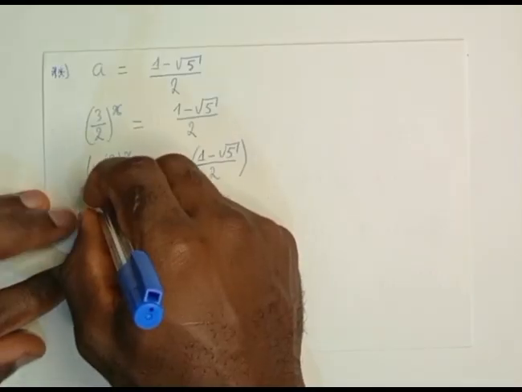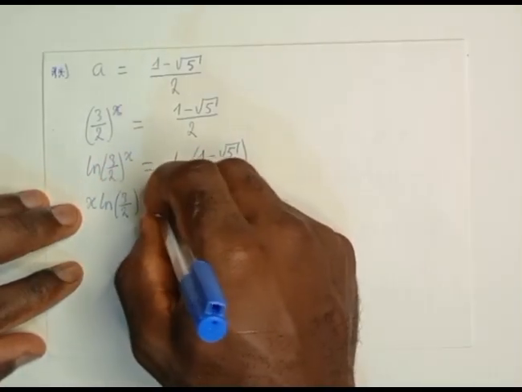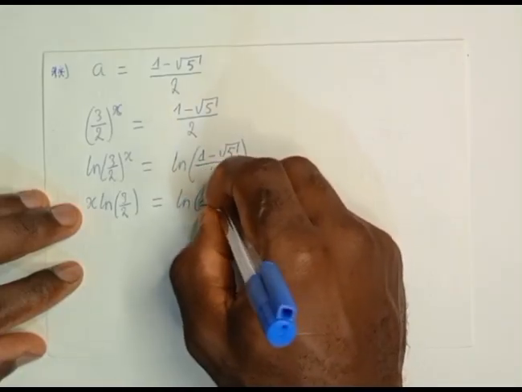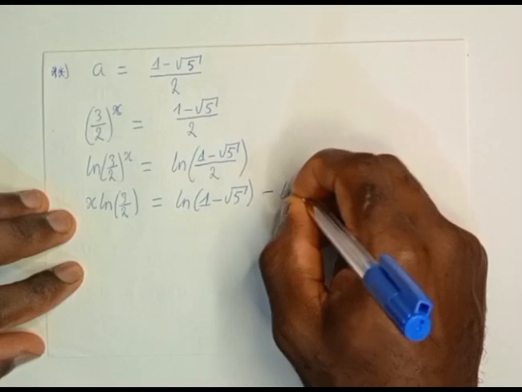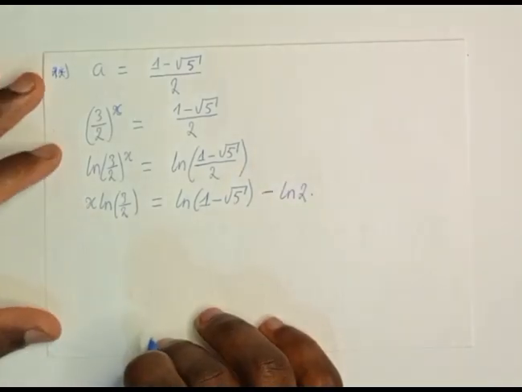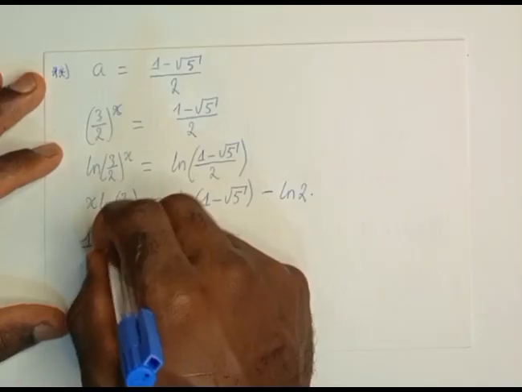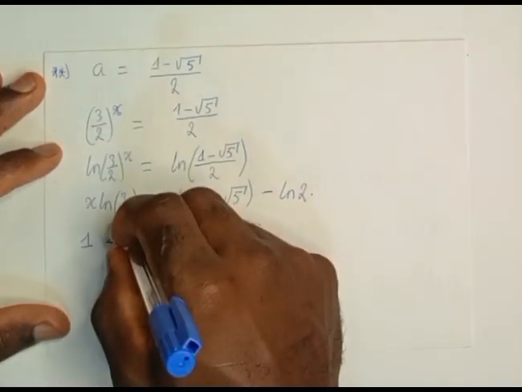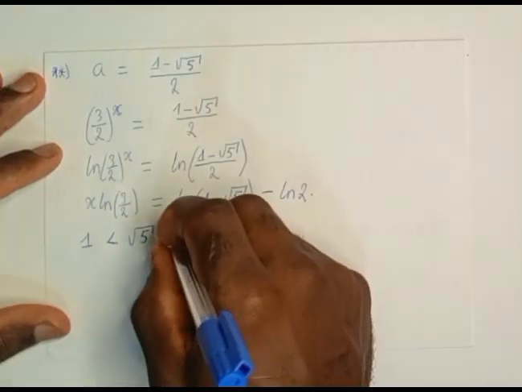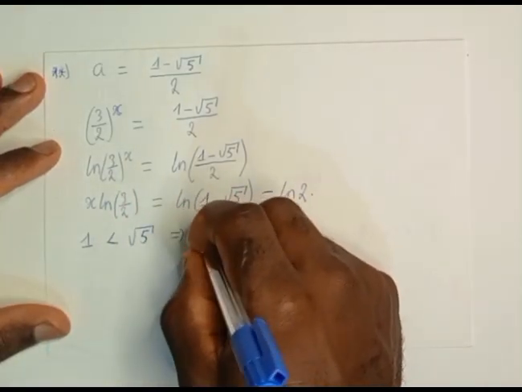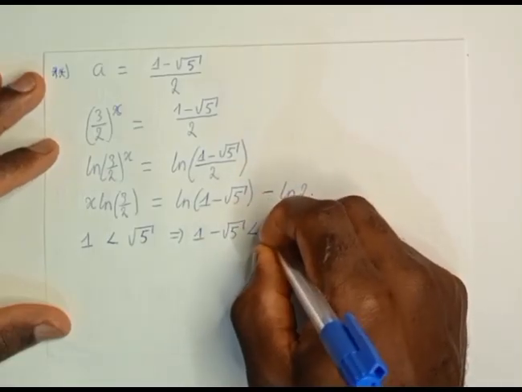This will give us x ln 3 over 2, applying the law of power, is equal to the ln of 1 minus root 5 minus the ln of 2. 1 is less than root 5. This will imply that 1 minus root 5 is less than 0.